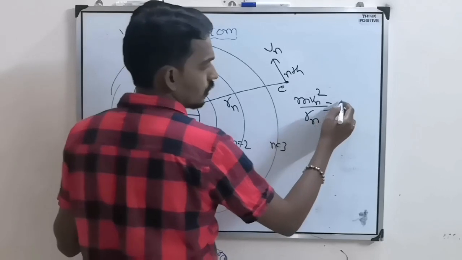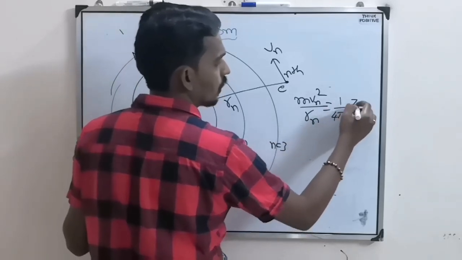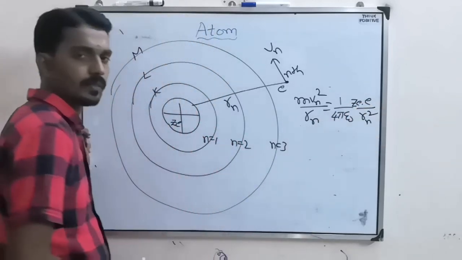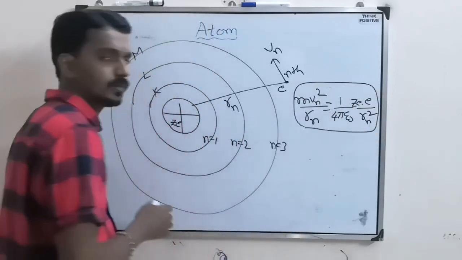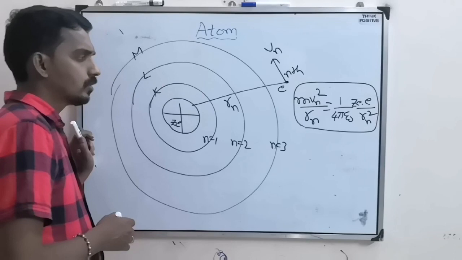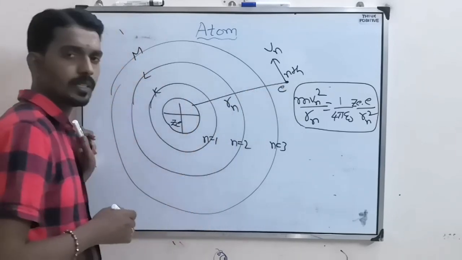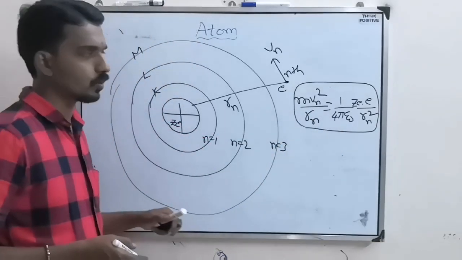So the equation will become 1 by 4 pi epsilon naught, Ze into e by Rn square. So this is the electrostatic force between the electron and the positive nucleus. This is the one which provides the required centripetal force.